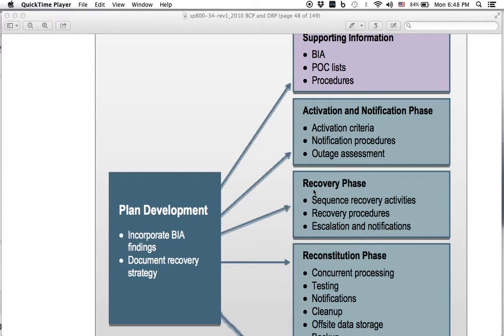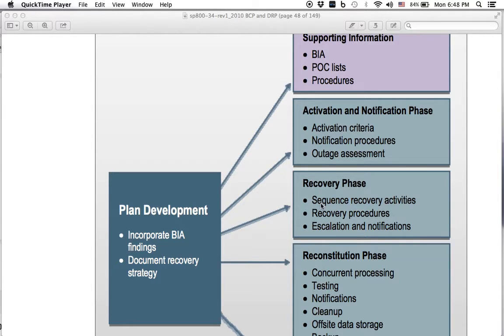This is an area that involves the business stakeholders, to understand the critical requirements to be aware of in a crisis situation.